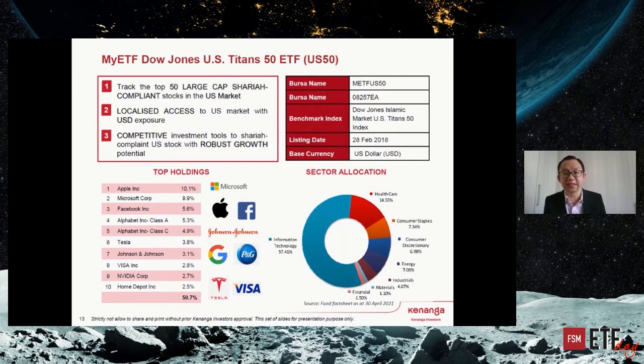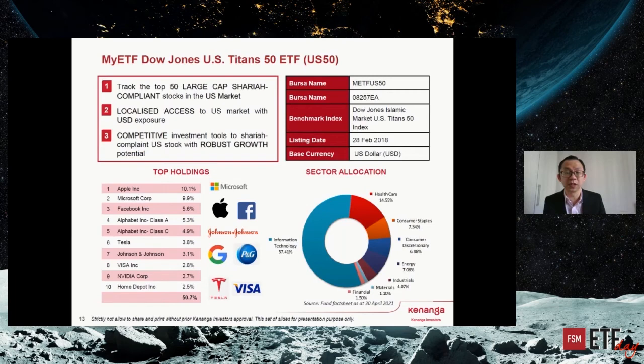It is also for USD exposure. Some of you may have a concern and may want to hedge yourself against the ringgit in the long run. For example, what if in the next 5 years I want to send my son to the US for study, and at that time the ringgit drops, what do I do? What you can do now is buy into this ETF and just keep it.